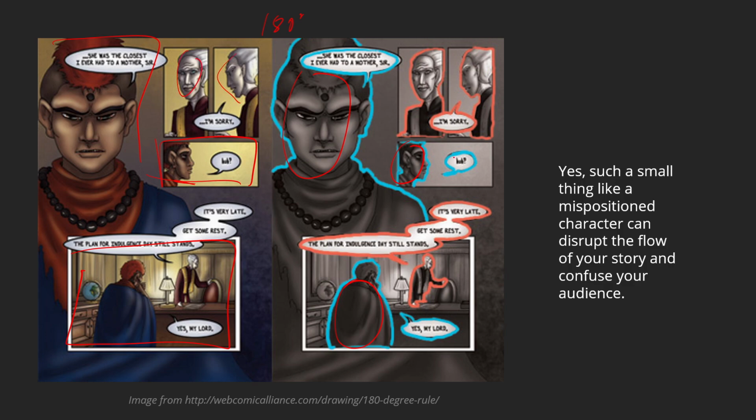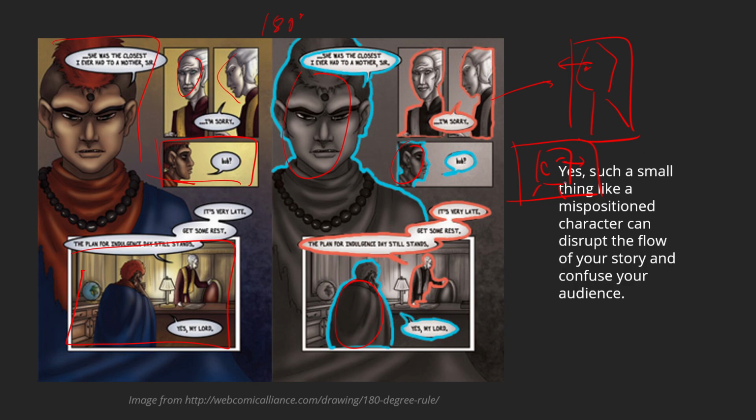So you see, if I were to draw this differently, if I were to draw this panel like this, with his eyes facing this way, and if I were to draw this panel right smack in the middle, this guy, it would still work because of the direction where their face is showing.